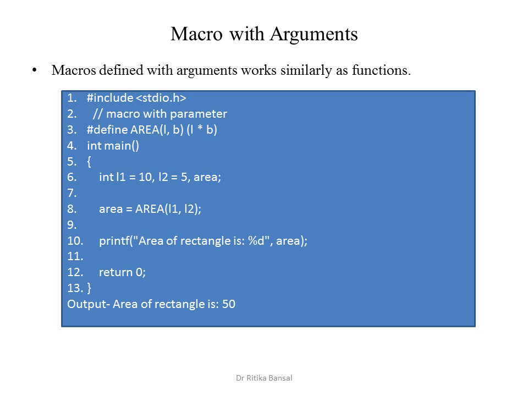That 50 value will be assigned to small area. Means in line number 8 capital area will get replaced by L multiply by B, and L multiply by B has values 10 multiply by 5, 50 value is given in small area, and that will be printed.